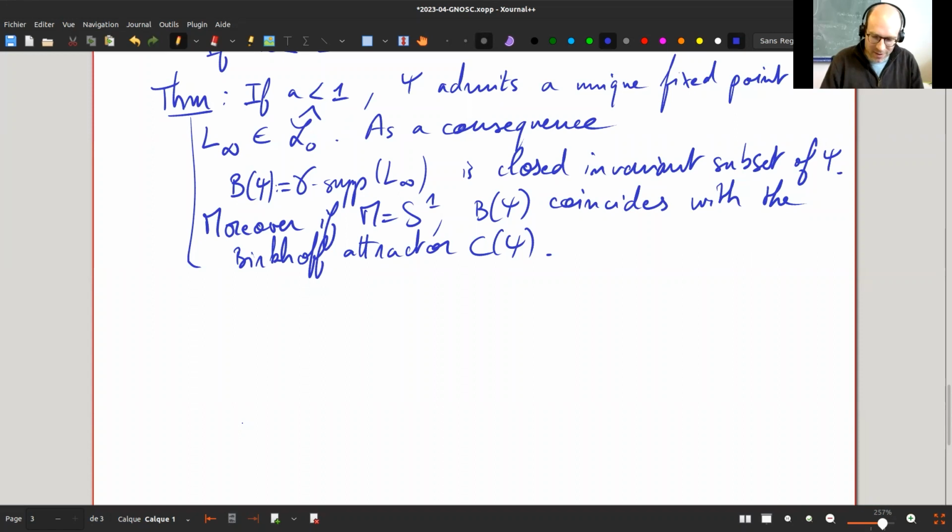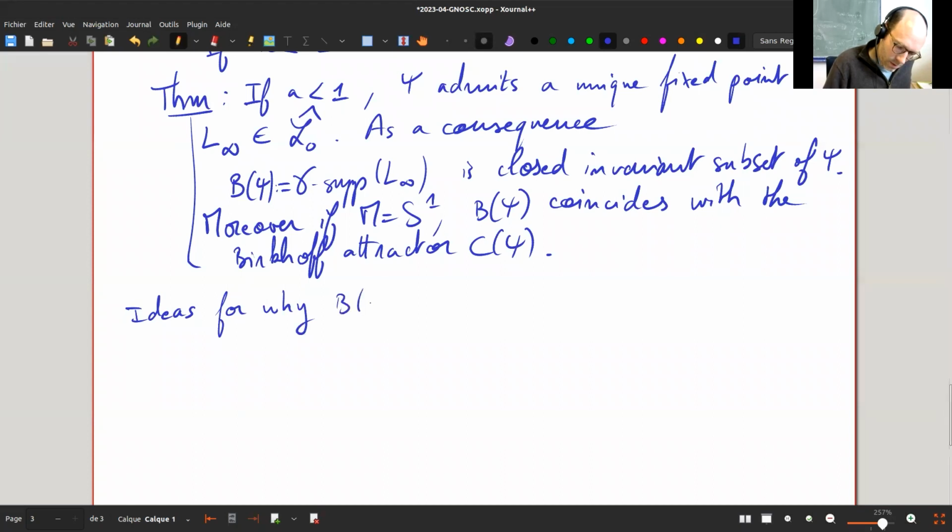But this result, of course, generalizes to any exact symplectic manifold. I would like to give a few ideas about how we prove it coincides with the Birkhoff attractor. So, ideas for why we have this equality.